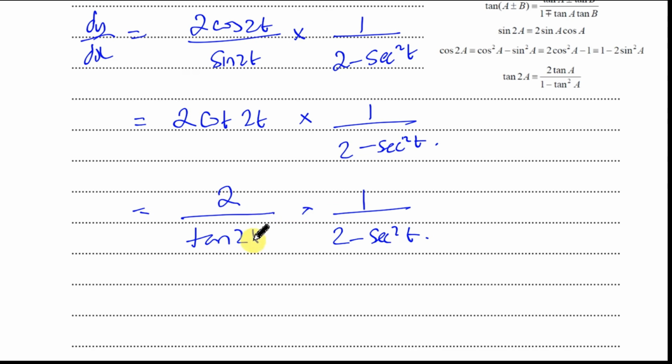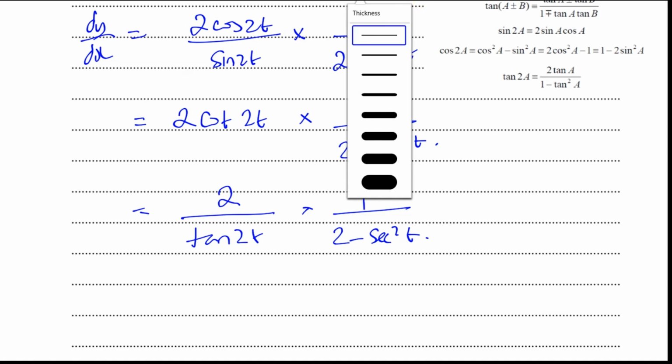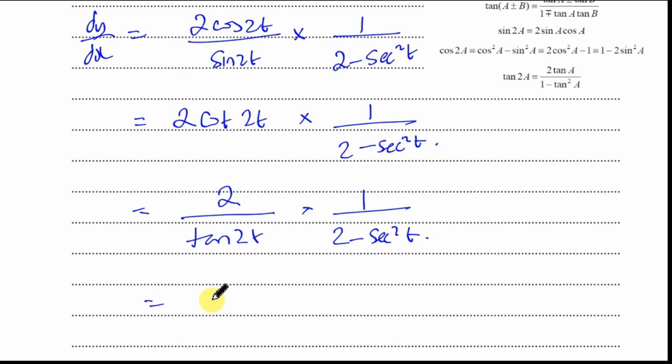So what I can do is, as it's in the denominator, I can write this as its reciprocal. So here we'll have 2 times, we're using this identity here, so it's going to be 1 minus tan squared of t over 2 tan t.